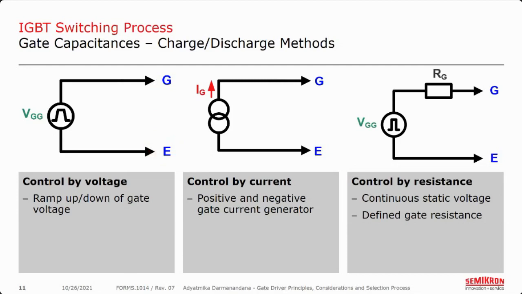The second method is to build a current supply with positive and negative current. And the last one is to apply a constant voltage across the gate and emitter and use a resistance to determine the current flow to the gate, so the gate capacitance can be charged and discharged. The most common and practical way of implementing the circuit is the third option.